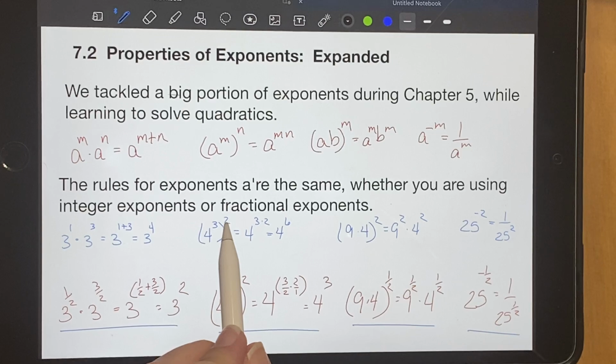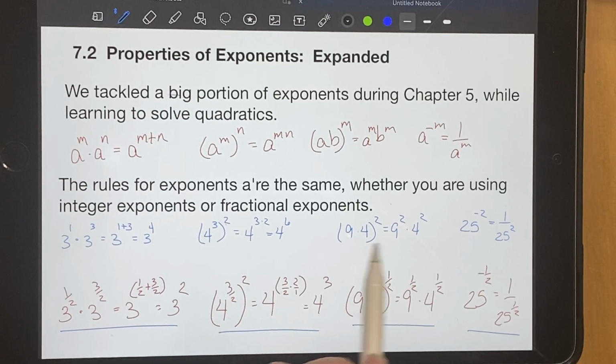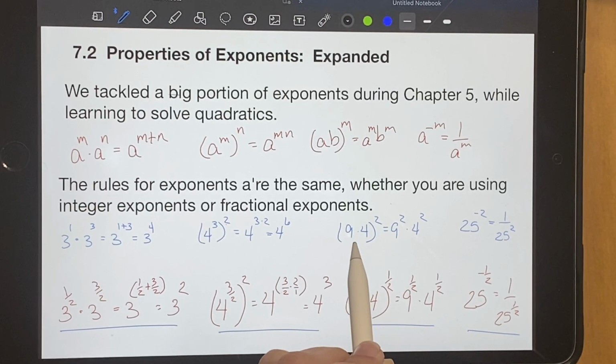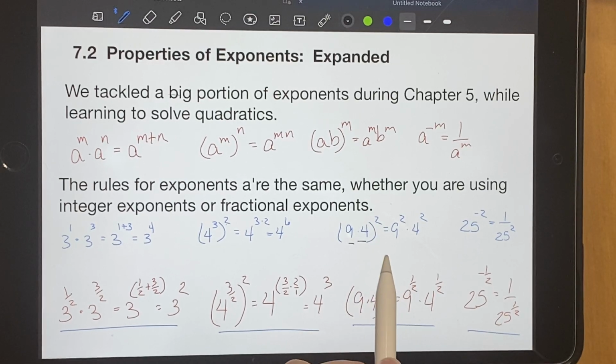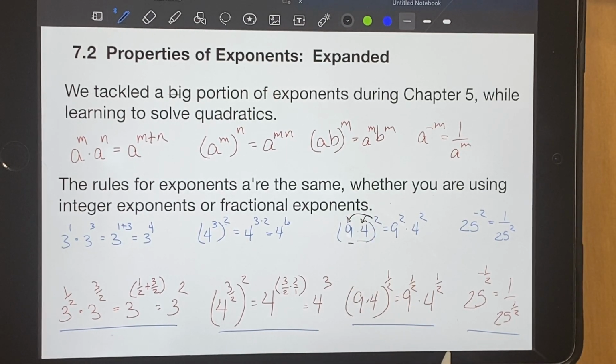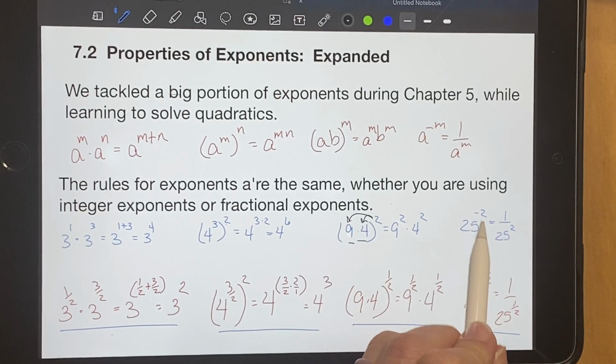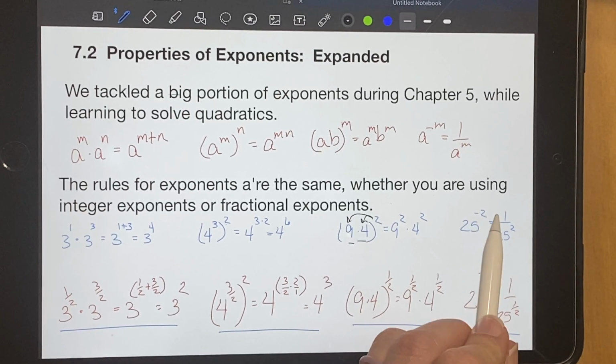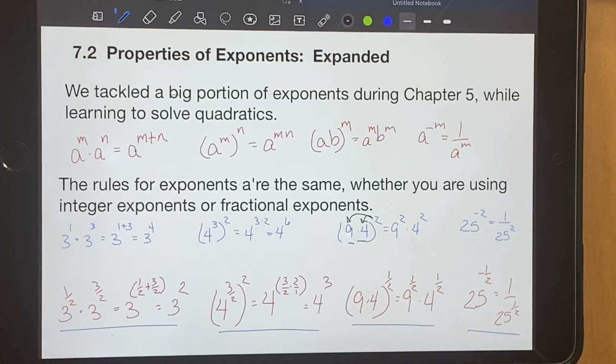We know a power to a power is multiplied. We know that when we have two bases and a number on the outside, we distribute it. And if we had a negative exponent, we change sides so that we can change the sign. We apply all of those exact same rules to our fractional exponents.